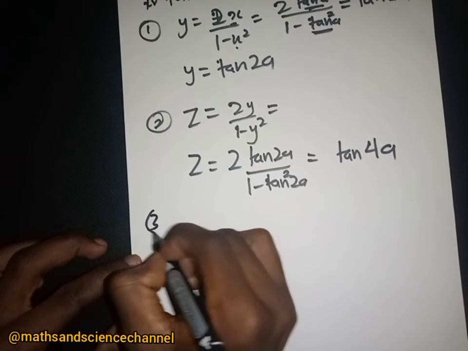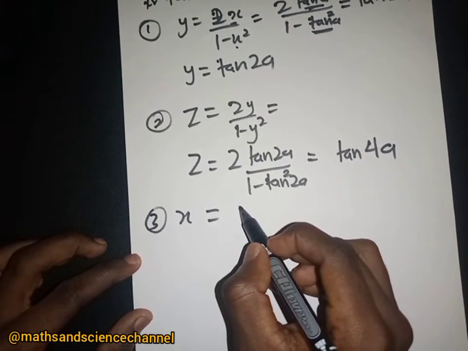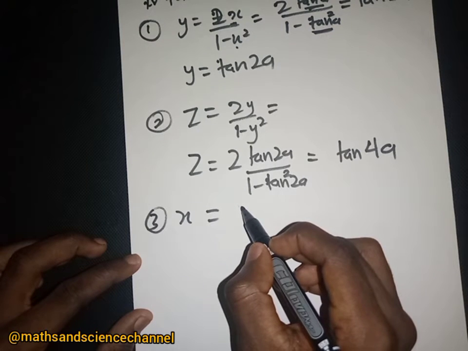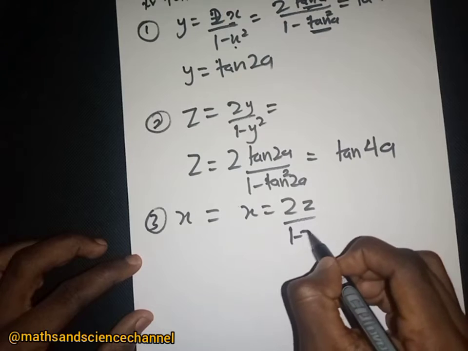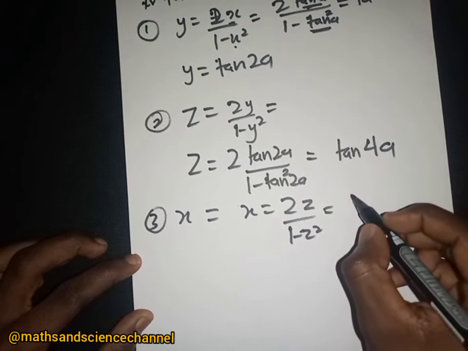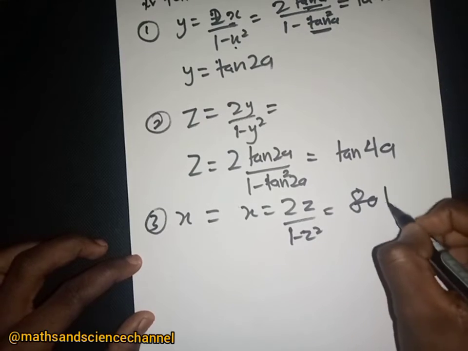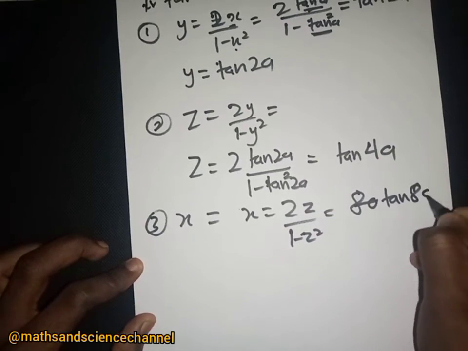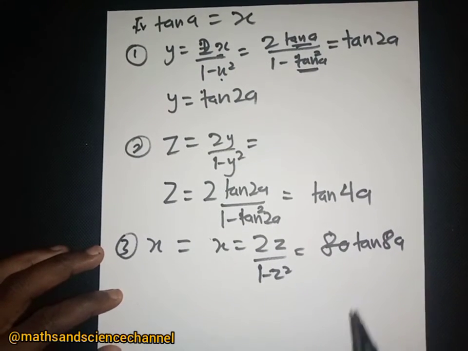Now when we go to the next one, which is x, x was giving us 2z over 1 minus z squared. So basically this is going to be tan 8a. So it's just doubling in each of the cases.